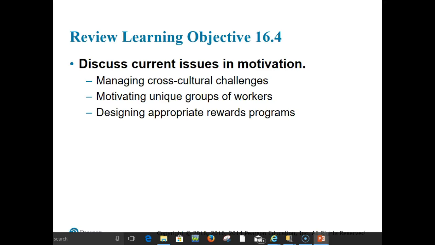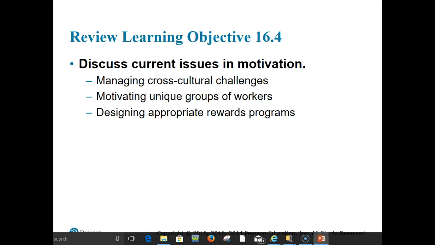Now, some theories, Maslow's hierarchy, achievement need, and equity theory, don't work well for other cultures. However, the desire for interesting work seems important to all workers, and Herzberg's motivator intrinsic factors may be universal.